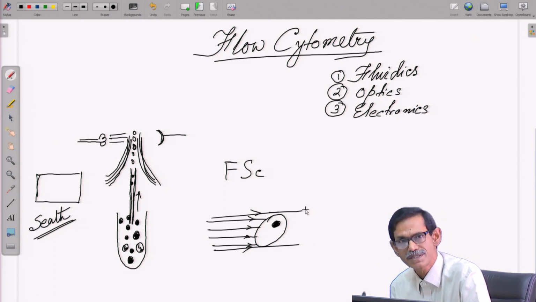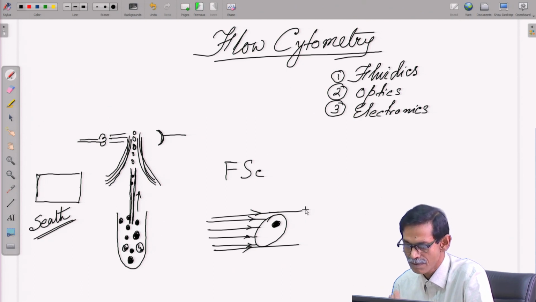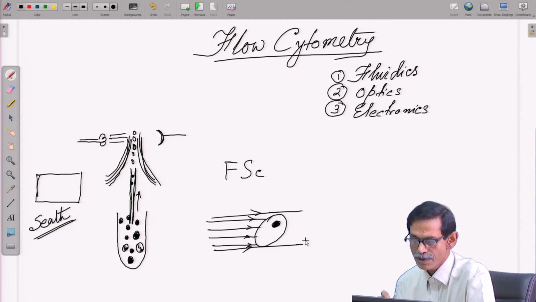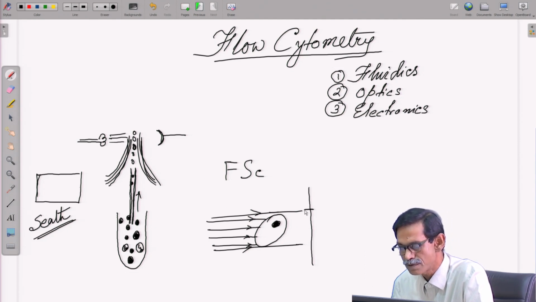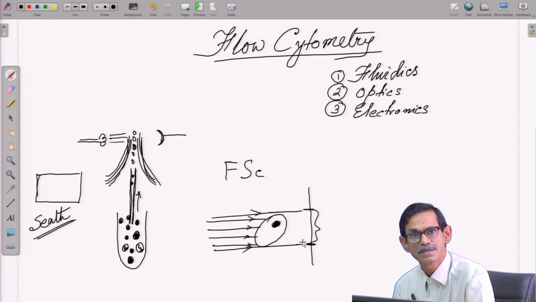If I make it oversimple, just to make you understand in an easier way, suppose there is a plate here. There will be a shadow, and the shadow is this size, right.